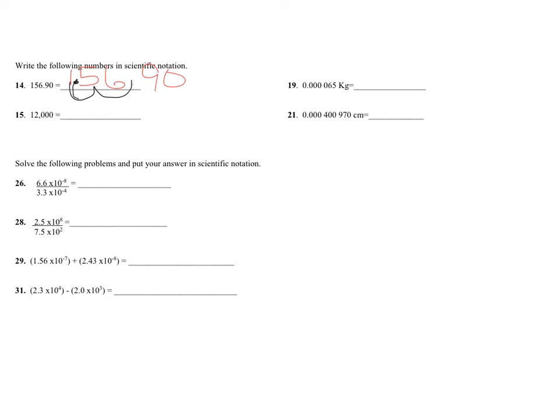We're moving it to the left, and so our final number is 1.5690, and now we put our exponents in, times 10 to the, we moved it 2 spaces, 1, 2, and so our exponent here is 2.